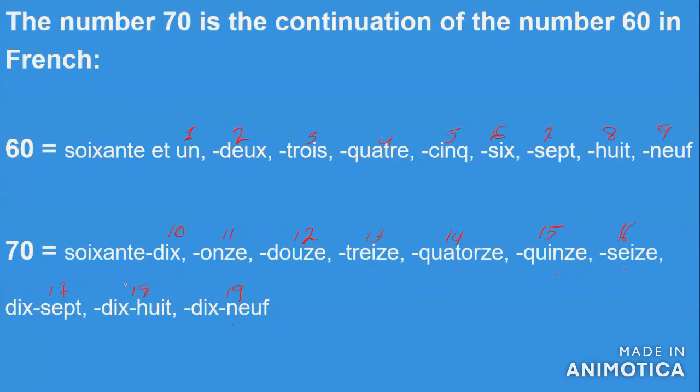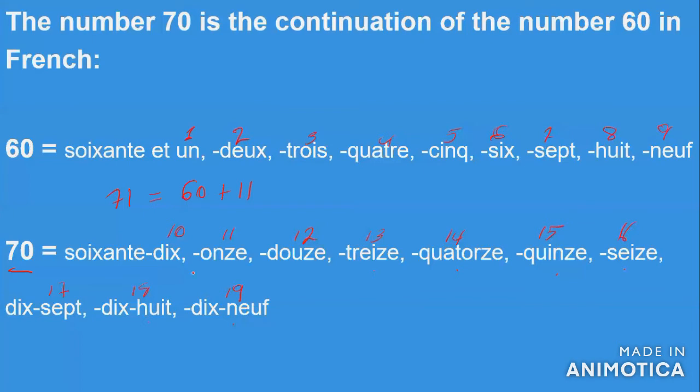You see? That's why this number 17 is the continuation of the number 60. So now, knowing that whenever you're spelling your 71, it will be 60 plus 11. Okay, that's the way it is in French. So there's no specific word for 70 by itself. So we use the 60 as a number, and we continue with the counting from 1 to 19.